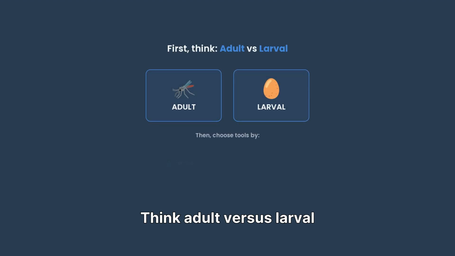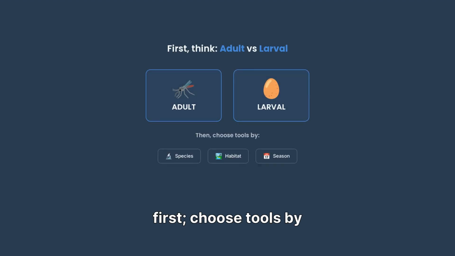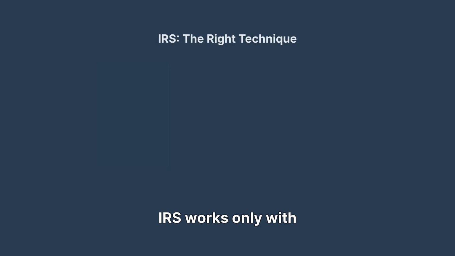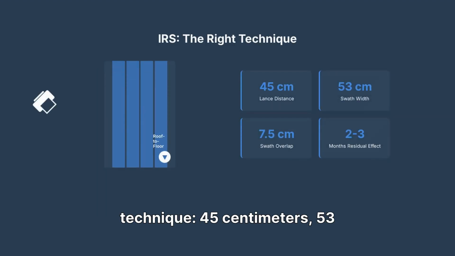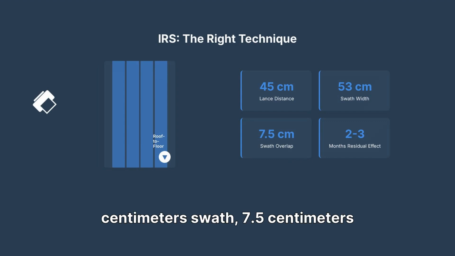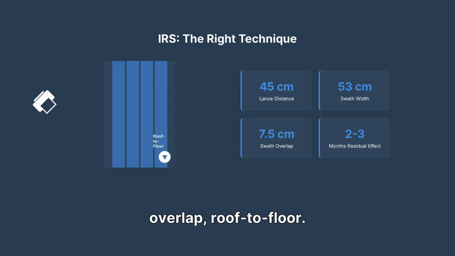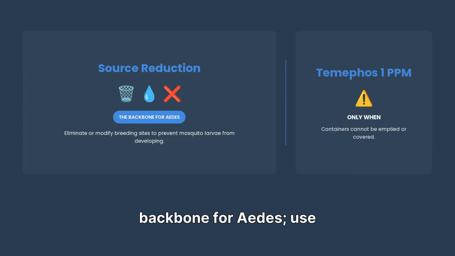Think adult versus larval first. Choose tools by species, habitat, and season. IRS works only with correct insecticide, timing, and technique: 45 cm, 53 cm swath, 7.5 cm overlap, roof to floor. Source reduction is the backbone for Aedes.